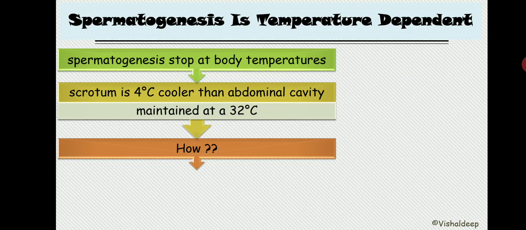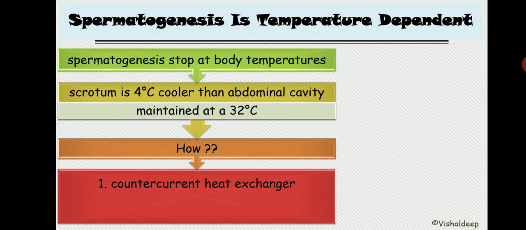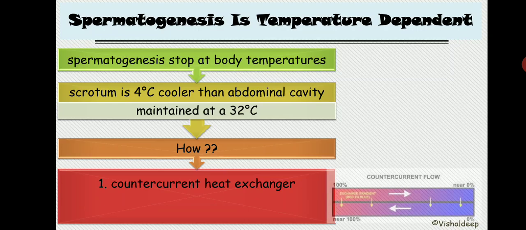One mechanism is the countercurrent heat exchanger present over the spermatic cord. This is the countercurrent flow of blood. As you understand the countercurrent mechanism from the kidney, where it prevents the loss of the osmotic gradient in the medullary interstitium, in our case it will regulate the temperature.